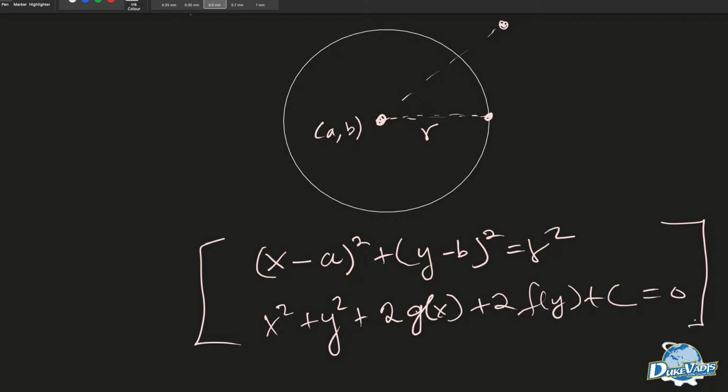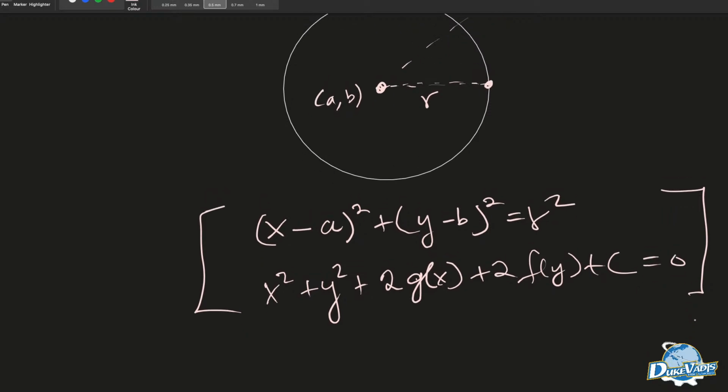So for instance, let's say we've been given a point, and we are going to determine whether this point lies on a circle or inside a circle.